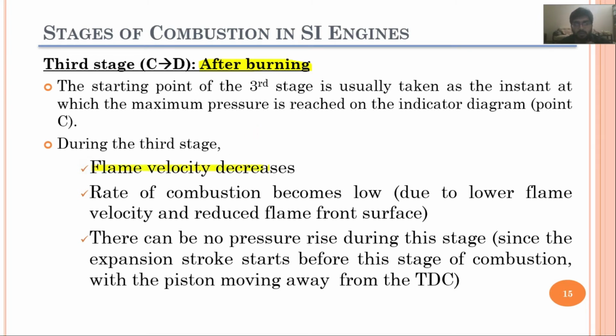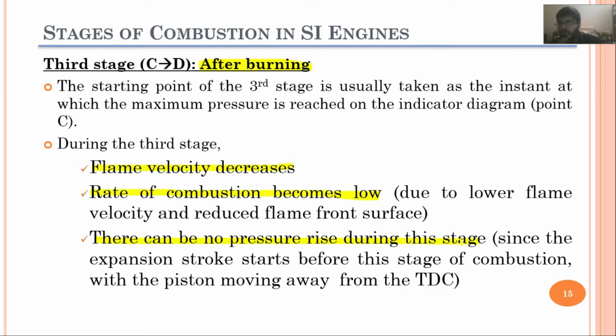We can conclude that since the pressure is dropping, the flame velocity will also decrease, and the rate of combustion will be very low. There will be no further pressure rise during this stage, since the expansion stroke has already started and the piston is moving away from the top dead center.